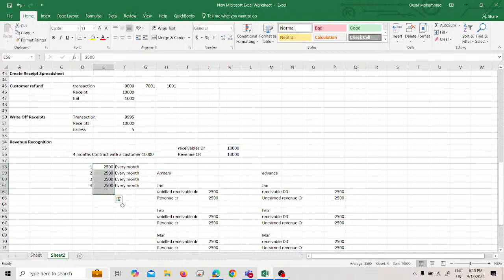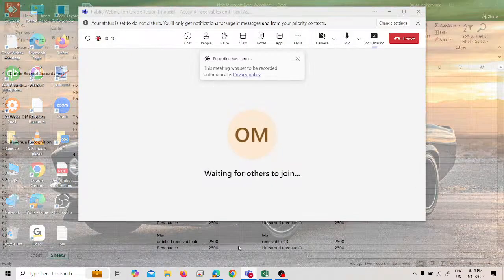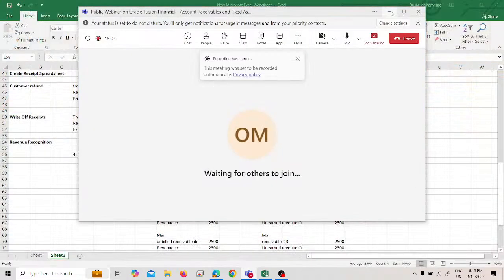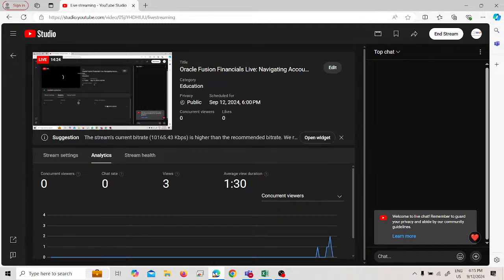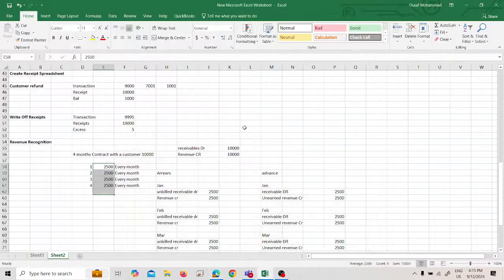For this we have to maintain all the types of transactions. So these are the two topics that we are going to do.